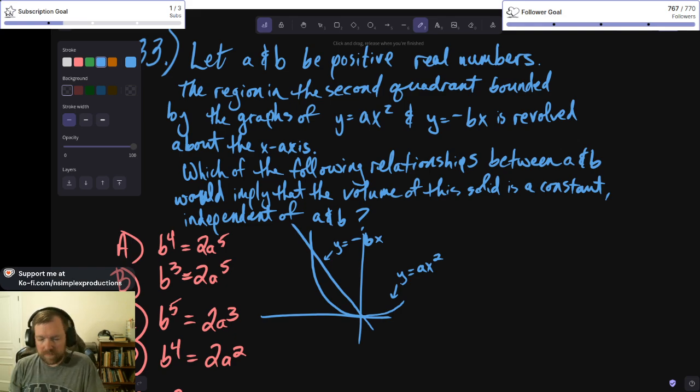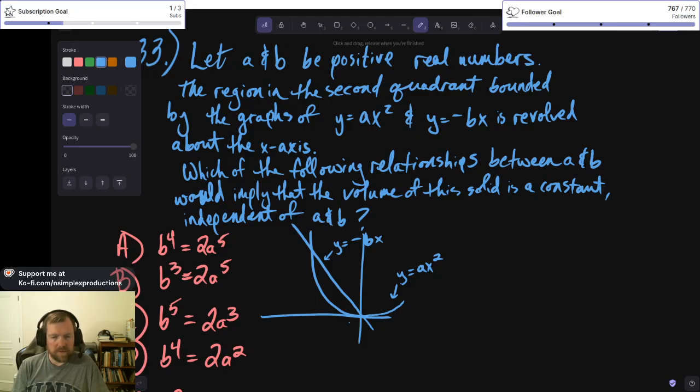I mean, the easy one would be if the volume were to be 0, but we can't necessarily use that one so easily.